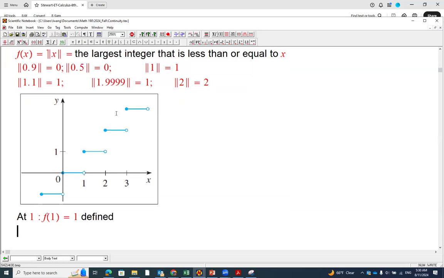Okay, let's look at the limit of the function at 1, f of x.